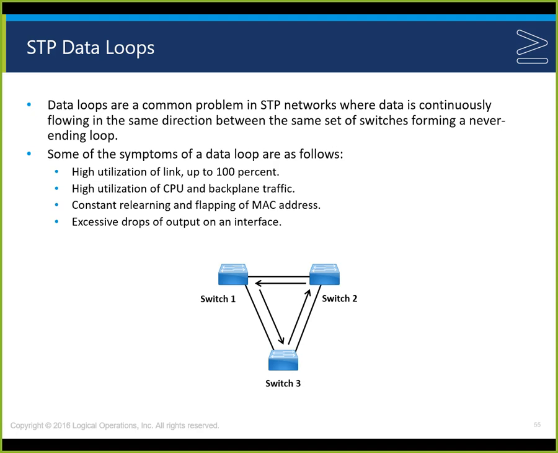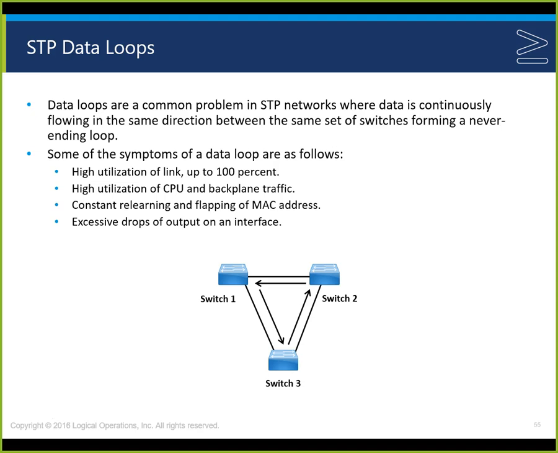The data loops, what's going to be the indication? The biggest indication is your network's going to slow down to a crawl, slow down to a stop. High utilization of the links up to 100%, high CPU utilization, constant relearning and flapping of the MAC addresses, and you'd have to use the show MAC address table or a debug command in order to see that.